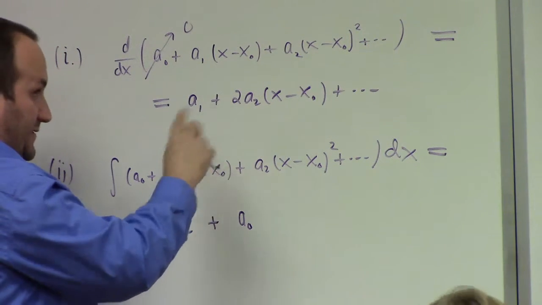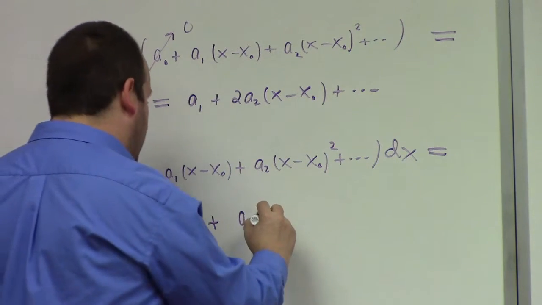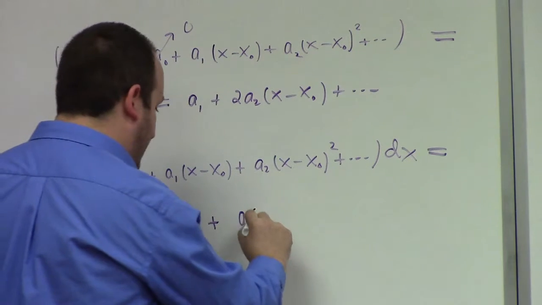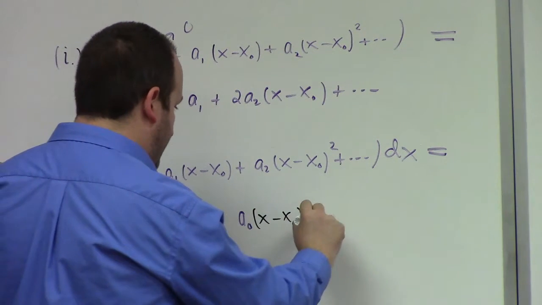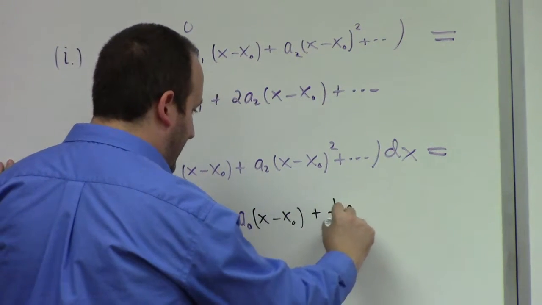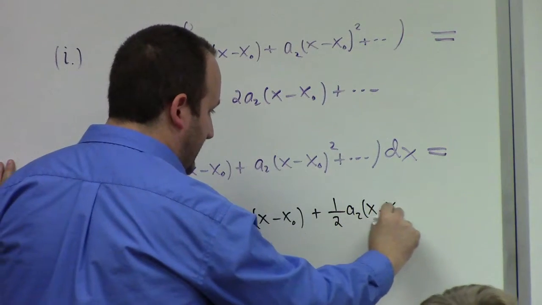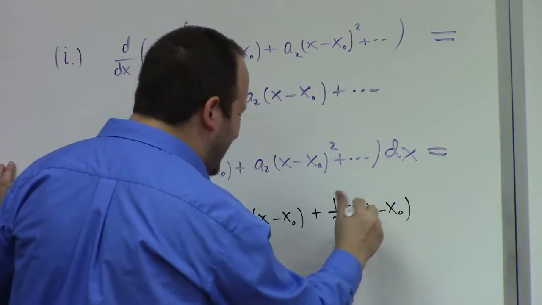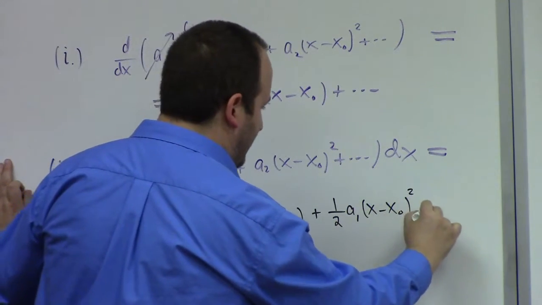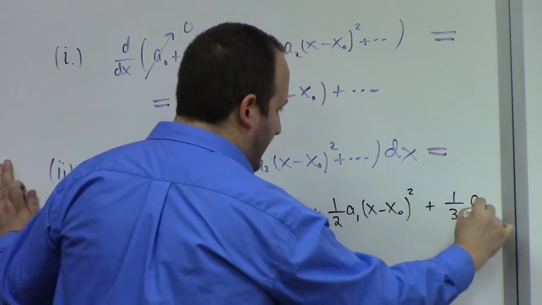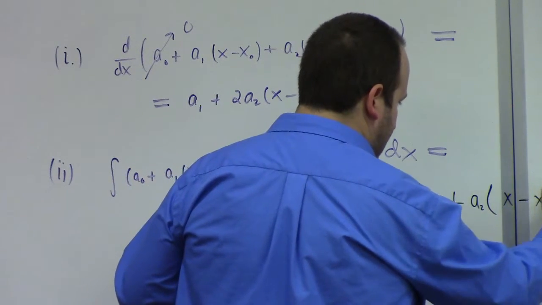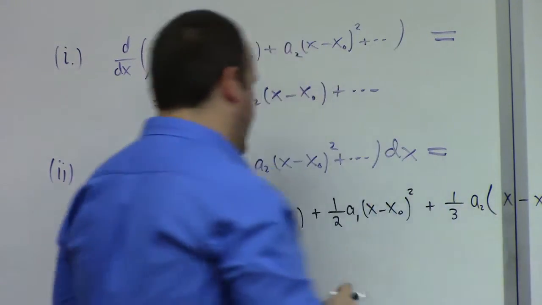This integrated just gives me a0 times x minus x naught, and then plus 1/2 a1 x minus x naught squared plus 1/3 a2 x minus x naught cubed, and then so forth.